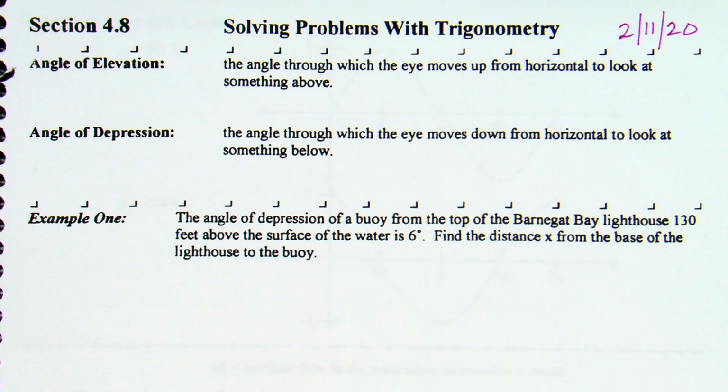A little bit of vocabulary first. Angle of elevation versus angle of depression. Probably words you've heard, and you have a pretty decent idea of already. The angle of elevation is the angle through which the eye moves up from the horizontal to look at something above. So if I'm standing on the ground, looking up at the top of a building, or the top of a lighthouse, you're looking up.